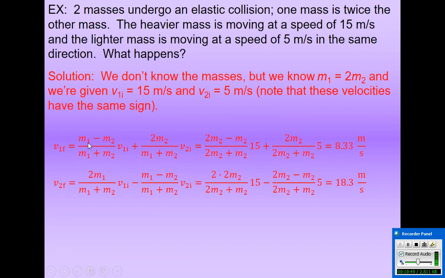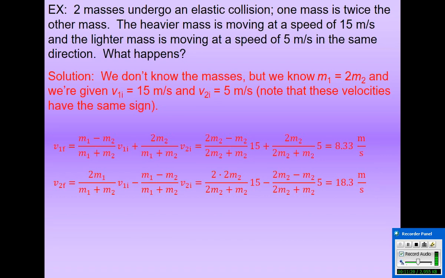What should you expect? The heavier mass is basically rear-ending the lighter mass. I would expect the heavier mass to slow down a little bit, and I would expect the lighter mass to pick up a noticeable amount of speed. So I would expect the heavier mass to have a final speed less than 15 meters per second, and I would expect the lighter mass to have a final speed of greater than 5 meters per second.